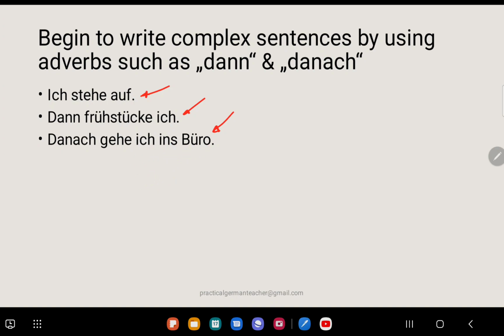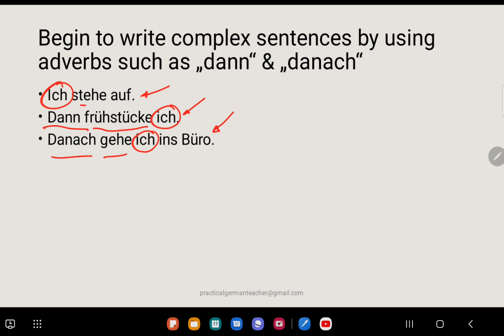But if you want to make it sound a little bit better, you can say I wake up, then I eat breakfast, after that I go to office. So you can use these conjunctions or connectors, "dann", "danach". They make it sound better. Notice when you use "dann" or "danach", the verb is over here and the subject gets pushed after the verb. Here, the subject was before the verb.